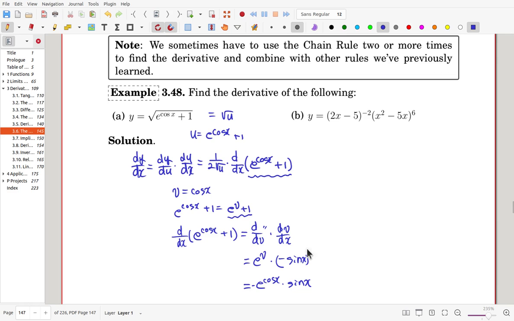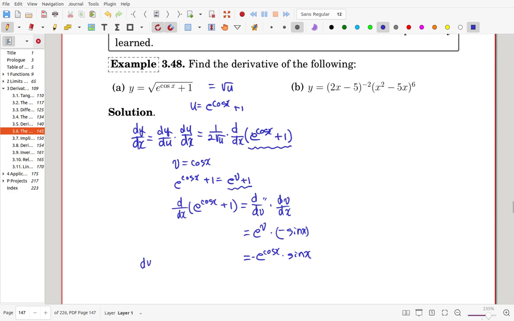So we can put that in, and eventually dy over dx is the same as 1 over 2 square root of u, which is now e to the cosine x plus 1, times the derivative of e to the cosine x plus 1 obtained here, which is minus e to the cosine x times sine x.